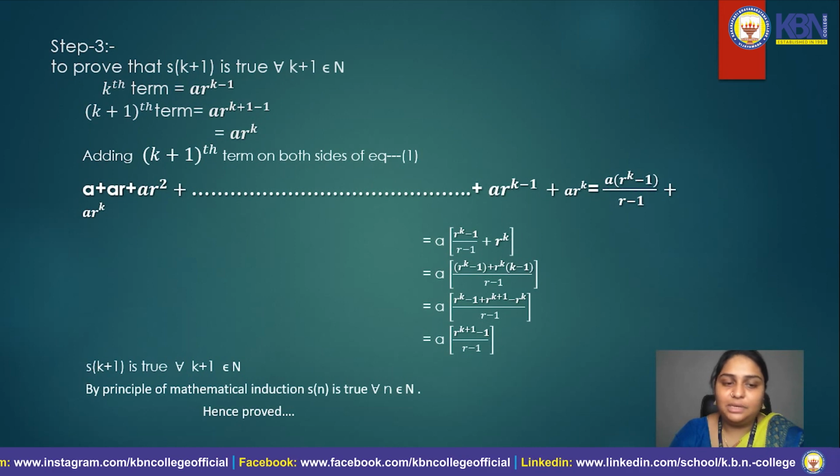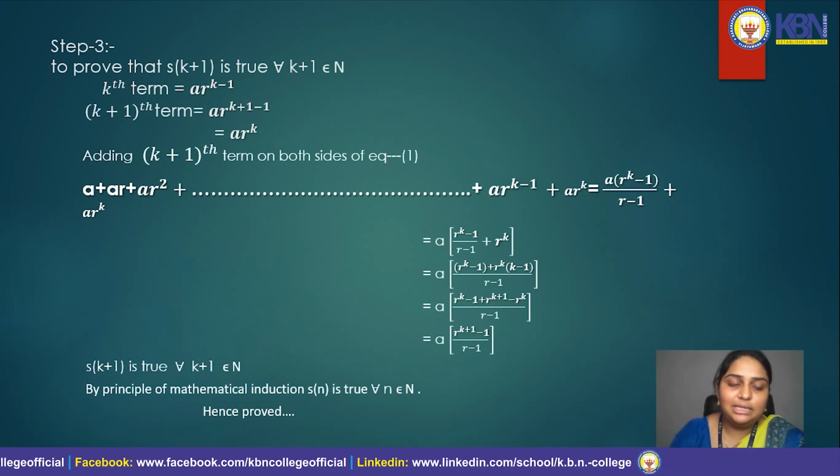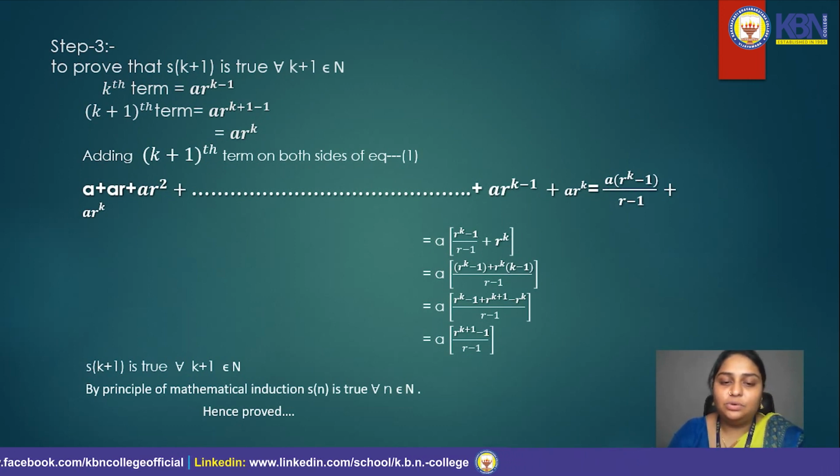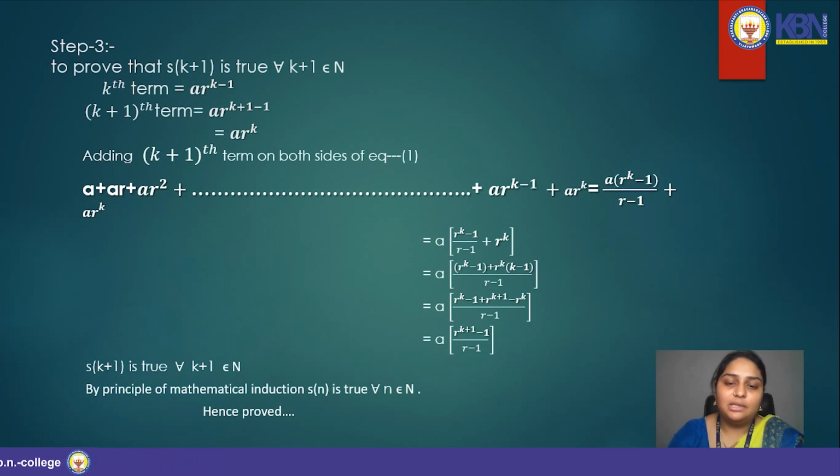By these three steps, we can clearly say that by the principle of mathematical induction, S of n is true for all n belongs to N. That is, a plus a r square plus and so on, a r power n minus 1 is equal to a into r power n minus 1 by r minus 1. Hence, proved.